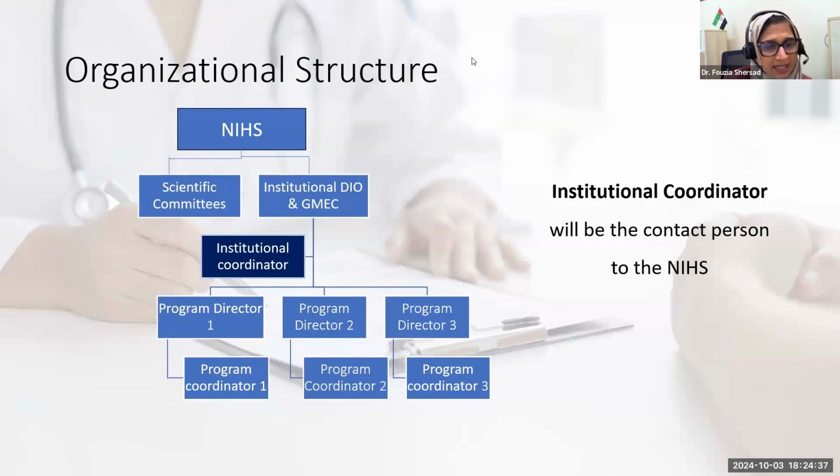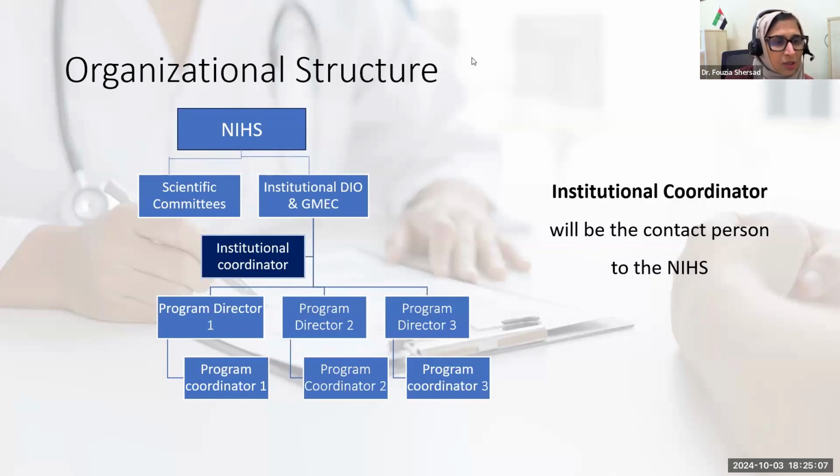There is the NIHS, which is organizing the platform and will be coordinating with the scientific committees to prepare the EPAs and to make sure that they are aligned with the competencies required for the specialty, and the quality of the EPAs will be assessed by the scientific committee before they are approved.